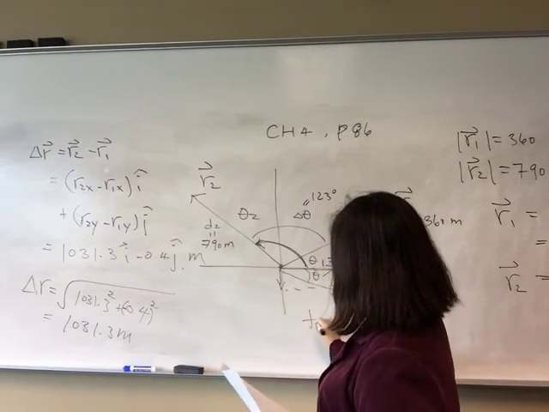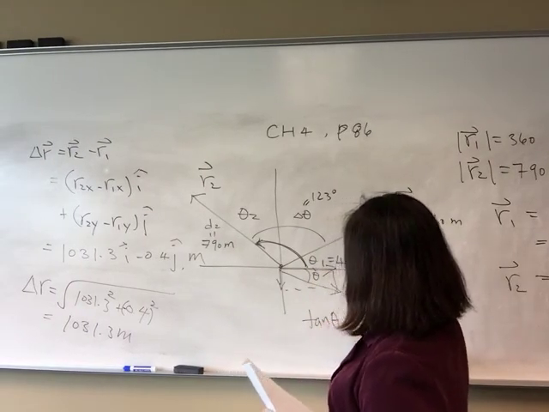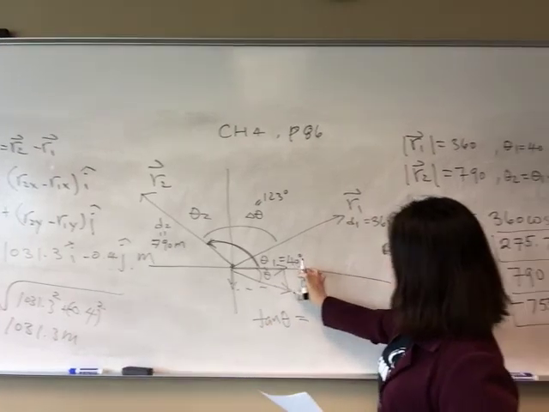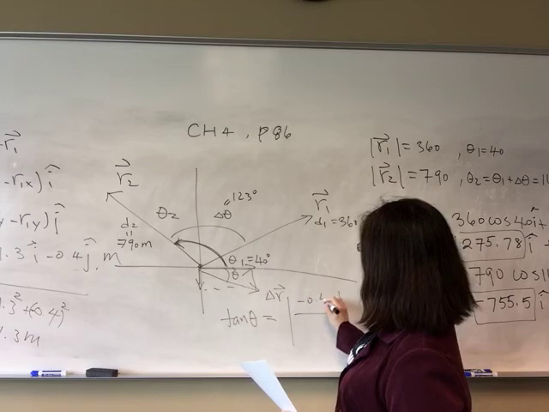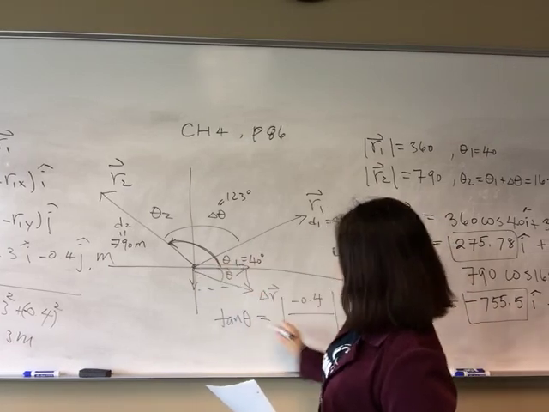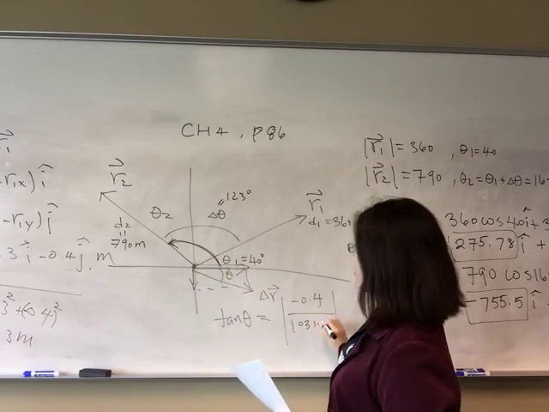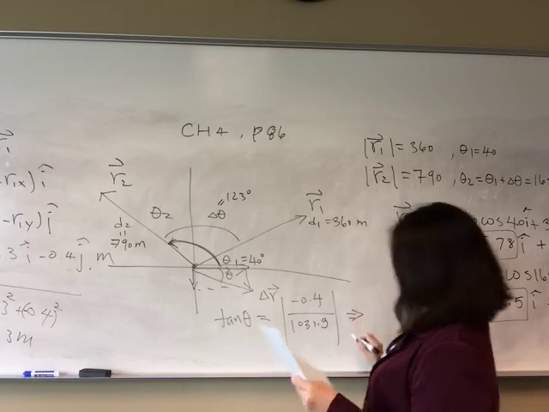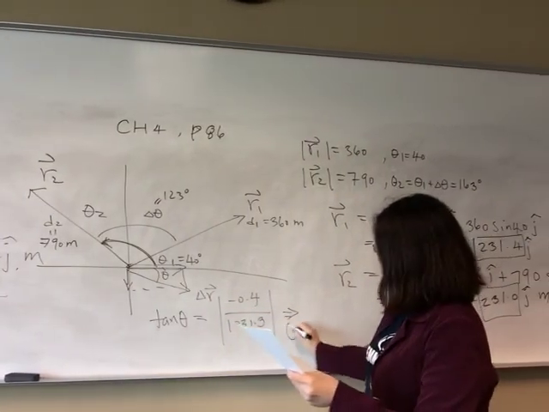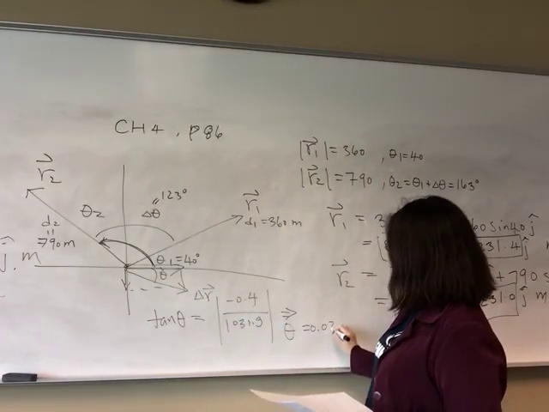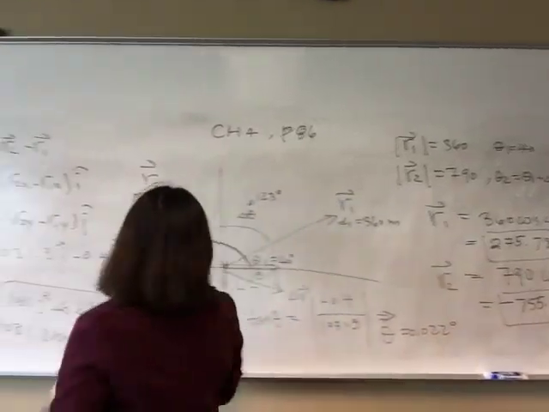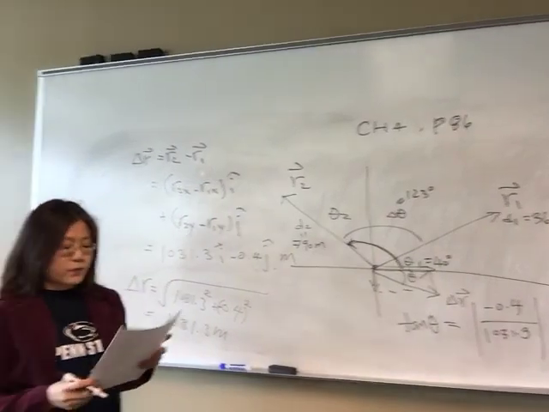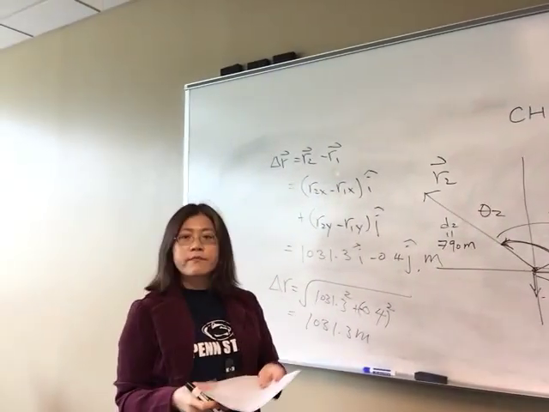So tangent theta is the absolute value of the y component, 0.4, over the x component, 1031.3. So your theta is equal to 0.022 degrees. Very small. That's basically what you get from this.